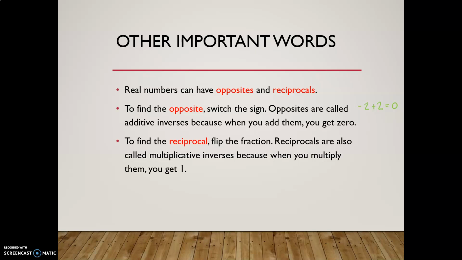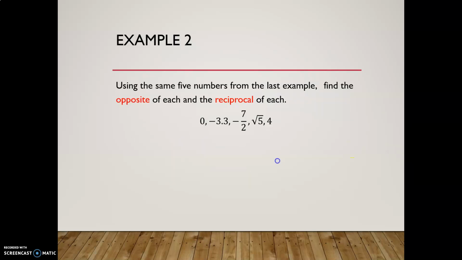One way to check if things are reciprocals is to multiply them. So if I have 2/3 and 3/2, and I multiply those together, I'd get 6/6, which is 1. And that checks out. So that's how I know that they are reciprocals. I can also just look and see that they are flipped.